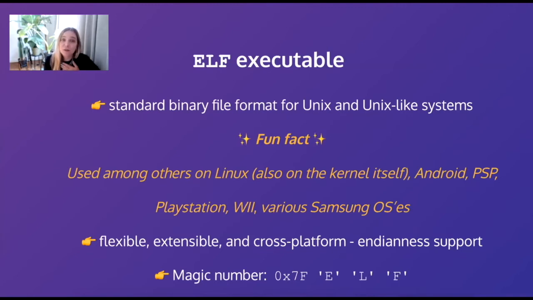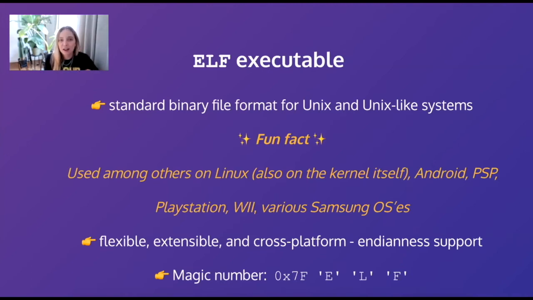So we chose ELF as the first type to be analyzed, as it's a commonly used type for Unix and Unix-like systems. And here we have a fun fact. It's used in the Linux kernel, for example, in Android and PSP, PlayStation, Wii, and also in Samsung OSs.